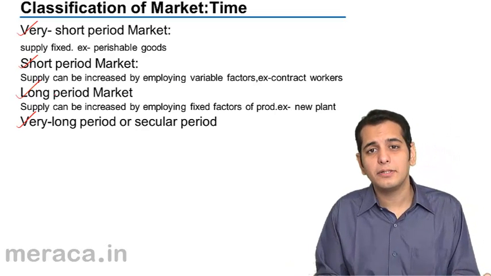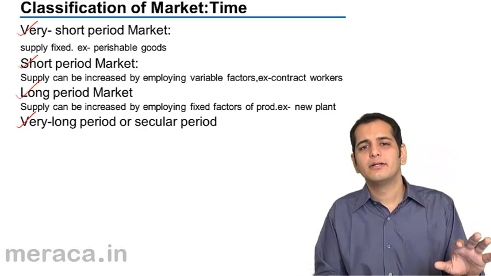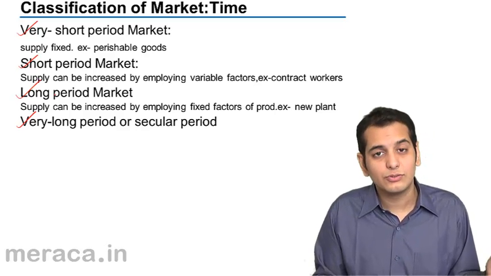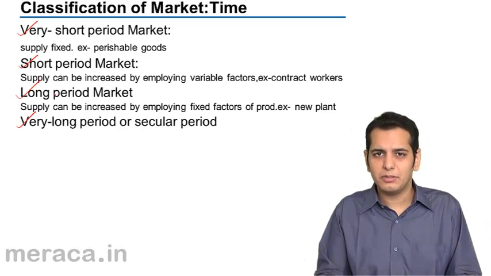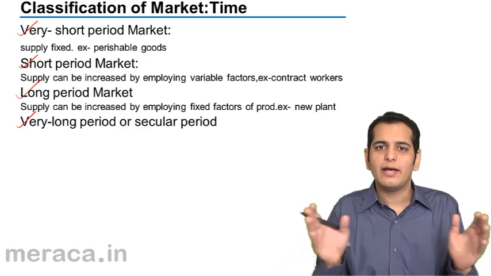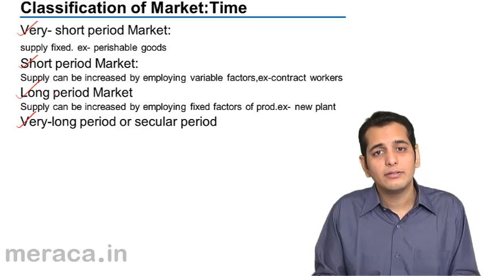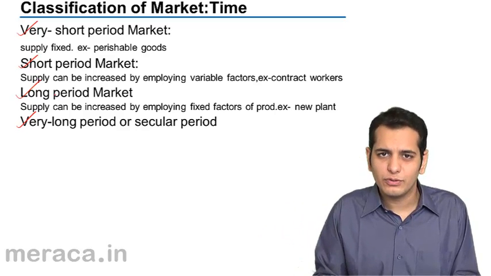Now, what is a long period? Long period is a period where all the factors of production are variable. Since all the factors of production are variable, you can change the supply at will. You can increase or decrease the supply of the goods.